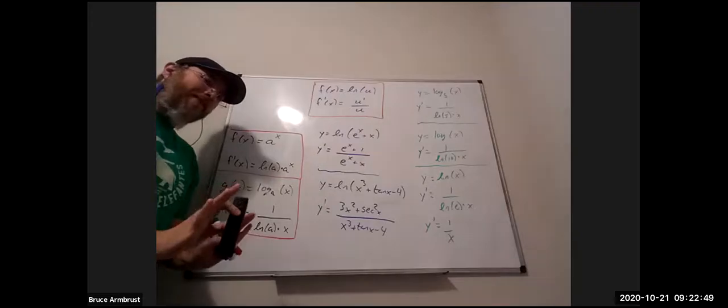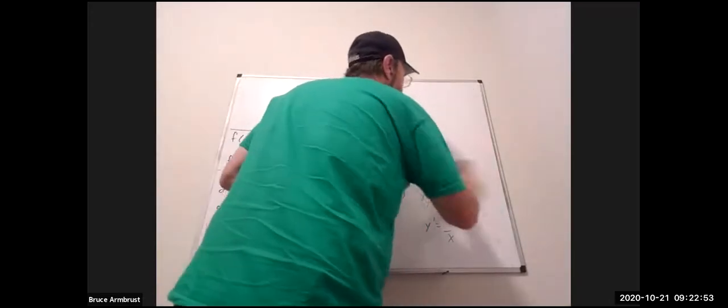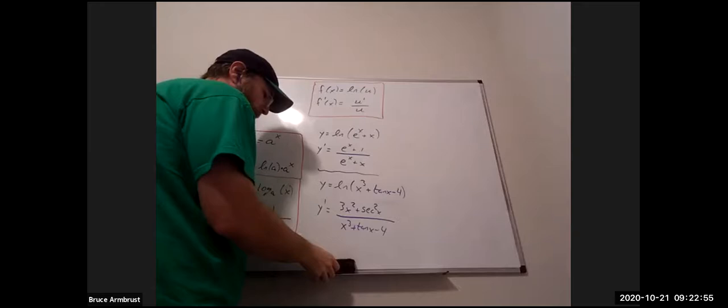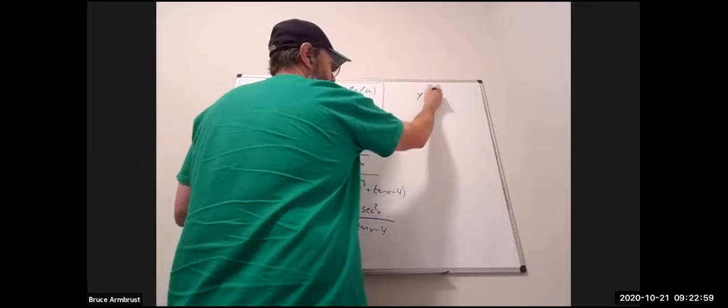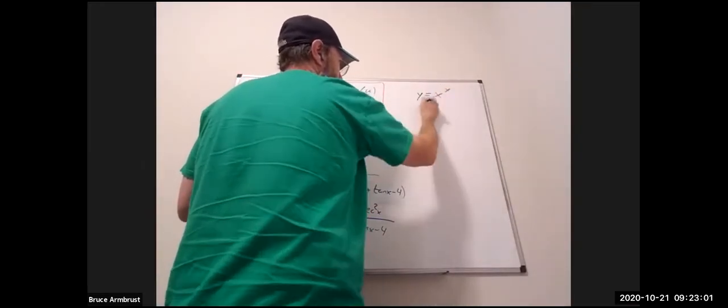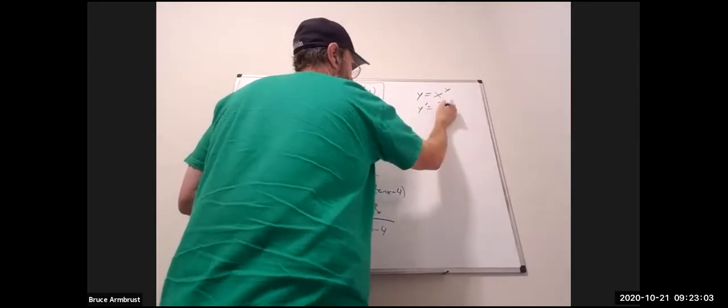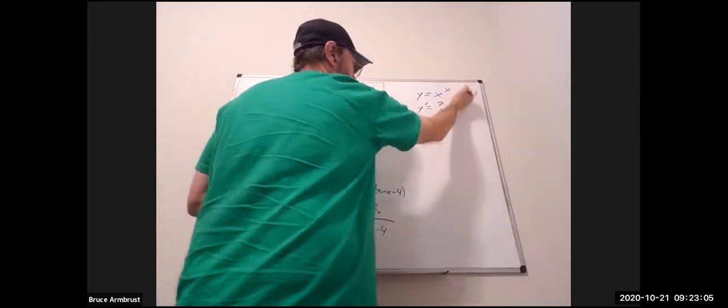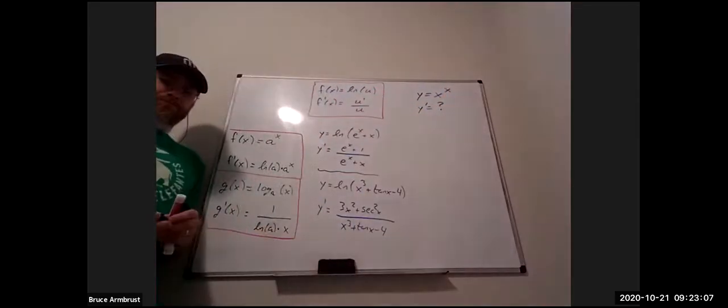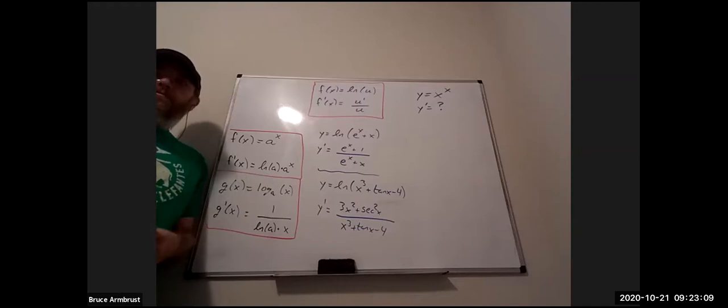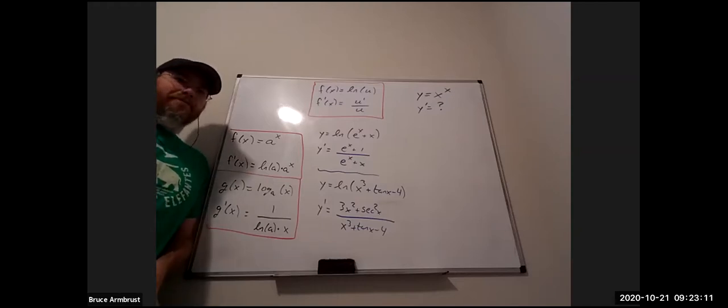This one's not even that big of a deal, but what if this is our function? I want to know what is the derivative of y equals x to the x. That's not that bad.